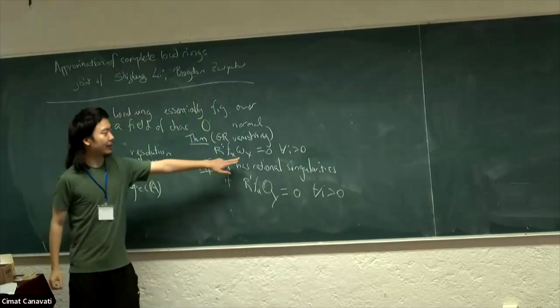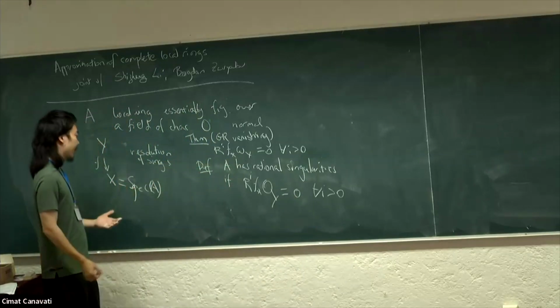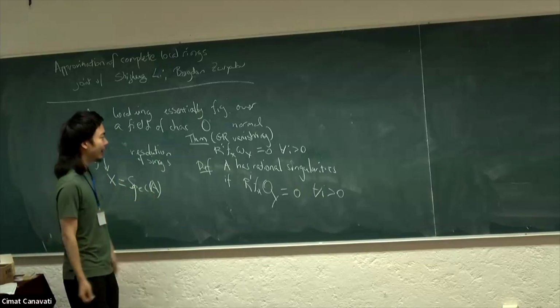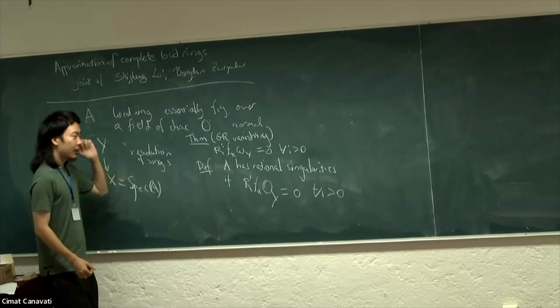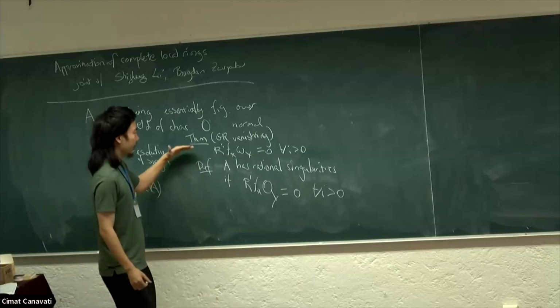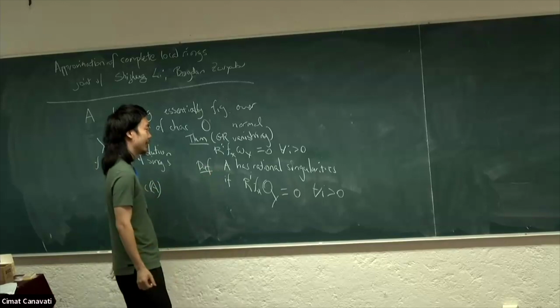And here omega_Y is the canonical bundle of Y, has to be compatible with X in some way to make sure this holds, but I will not get into details of that. So this theorem is one of the bases that this definition is good.